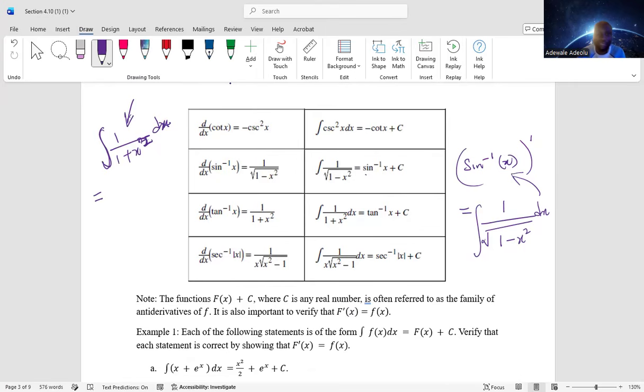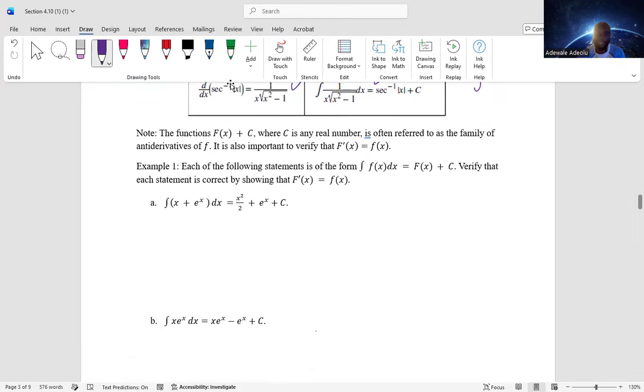And as you remember, that should be tangent inverse of x. And as usual, we need to add plus C. So the same thing with what we have here. So these are all just the formulas you can make use of.